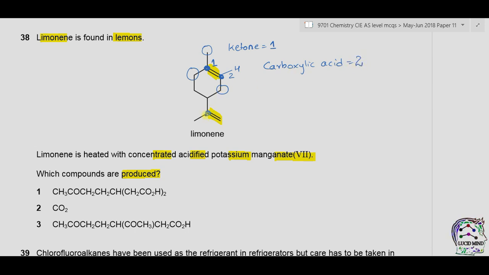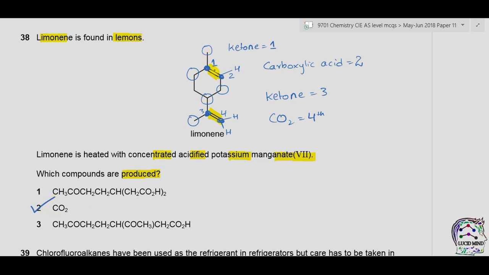The third carbon present in the double bond is this one. It also consists of 2 alkyl groups directly attached, so the third will convert into ketone. The fourth carbon atom present in the double bond consists of 2 hydrogen atoms, and then it will convert into carbon dioxide. So we have carbon dioxide as an option.